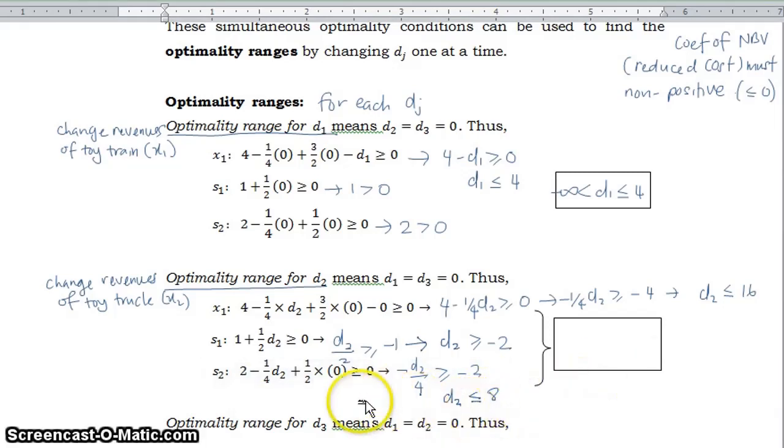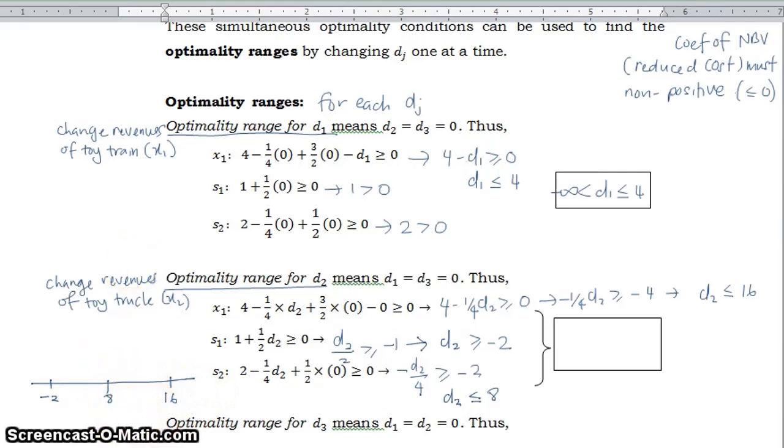Now we need to find the range that satisfies these three inequalities. We need to draw a number line to get the range. First we have a straight line. We mark the numbers. The smallest number is negative 2, then we have 8 and 16.